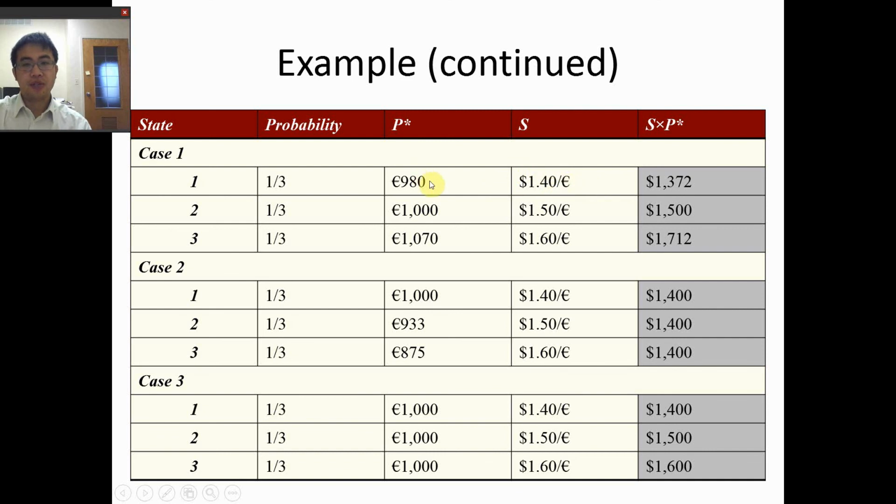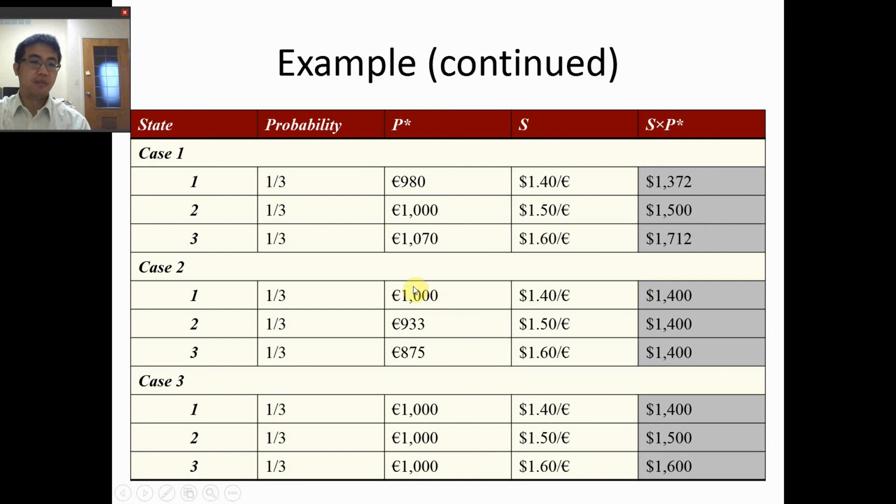Based on this euro asset value and the exchange rate, you can get the dollar value of the assets for scenario 1. In scenario 2, the euro value of the assets is 1,000 euros, and the exchange rate is $1.5 per euro. So you do the multiplication, you get the dollar value. And you do the same thing for scenario 3. Okay, so that's your dollar value of the assets.